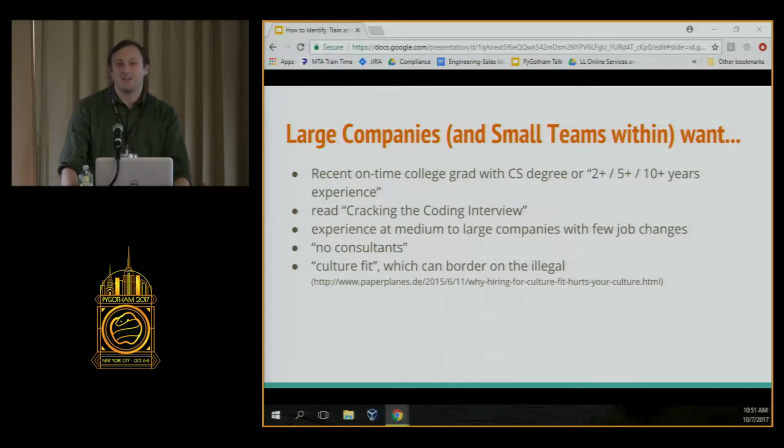Unfortunately, a lot of what goes into culture fit is not only not necessarily what you're looking for, what you care about, but also can be discriminatory, illegal. There's a lot of examples. I've got a link here. Highly recommend reading about why culture fit could be detrimental to your company. Nevertheless, it's something that a lot of people and large companies, even medium-sized startups, tend to look for.